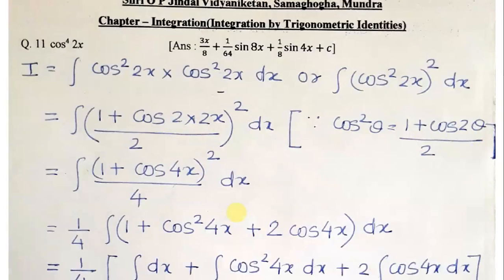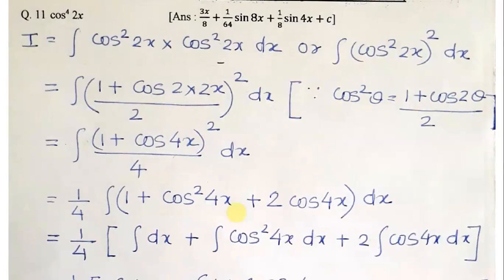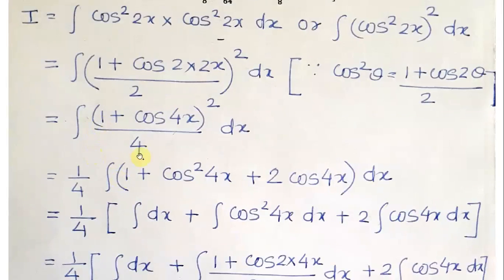We need to open the bracket by the formula a plus b whole power 2. So a square is 1, b square is cos square 4x, because power of cos will become 2, and 2ab, so 2 into 1 into cos 4x, so that is coming cos 4x, and this upon 4 now I wrote as a fraction outside.